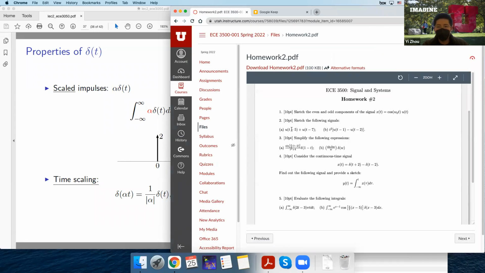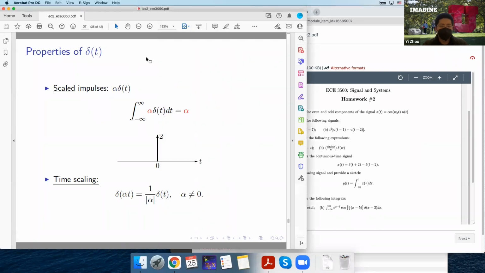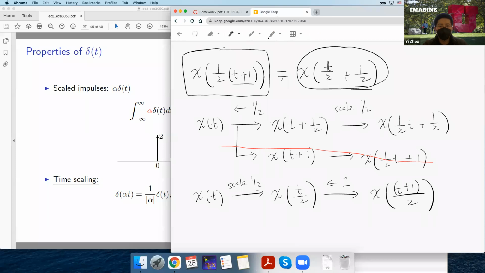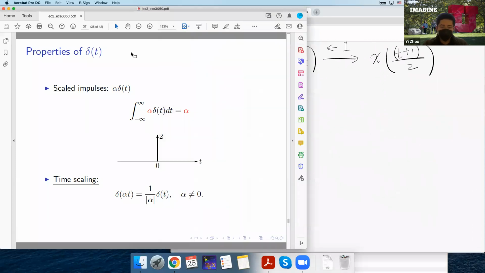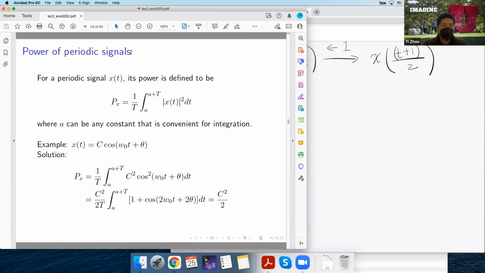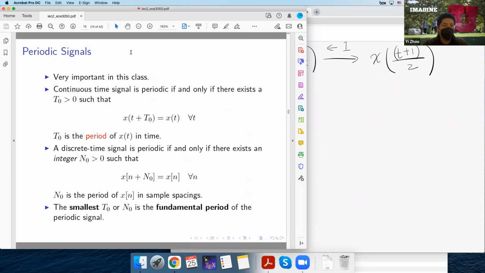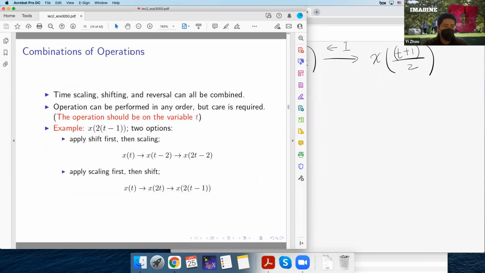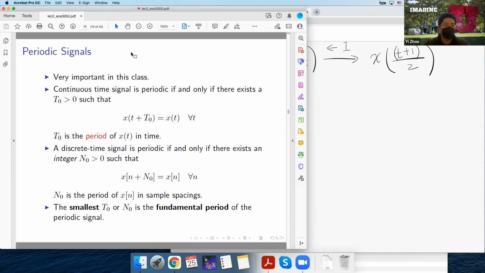And homework 2 is about, today we will talk about homework 2, the lecture 2, basically. Last time we talked about operations of the signals: shifting, time scaling, and their combinations.